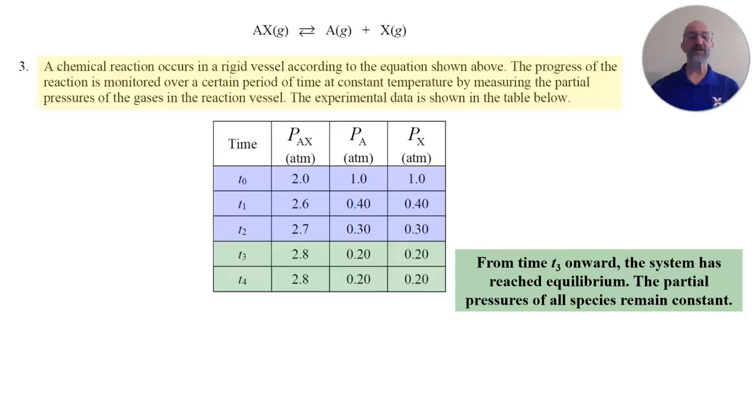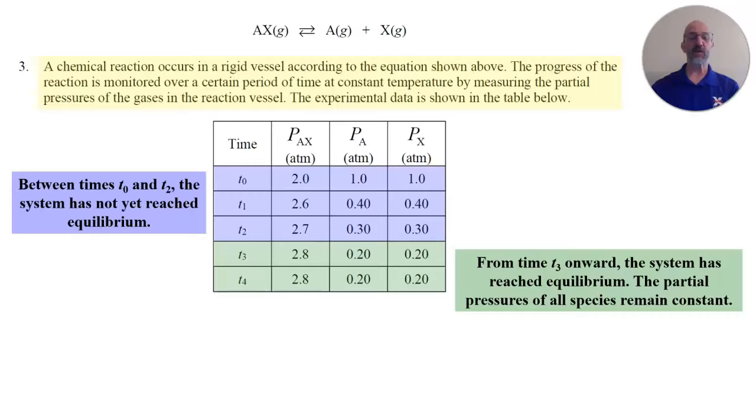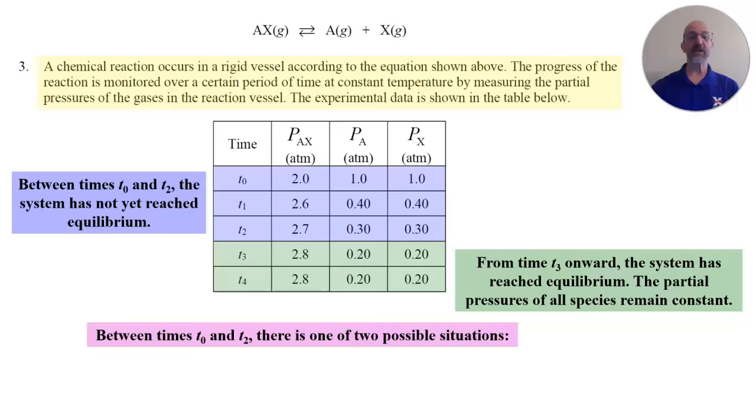So what happens between time t0 and t2? In that region, the system has not yet reached equilibrium. And according to the information in topic 7.2, between times t0 and t2, there is one of two possible situations.